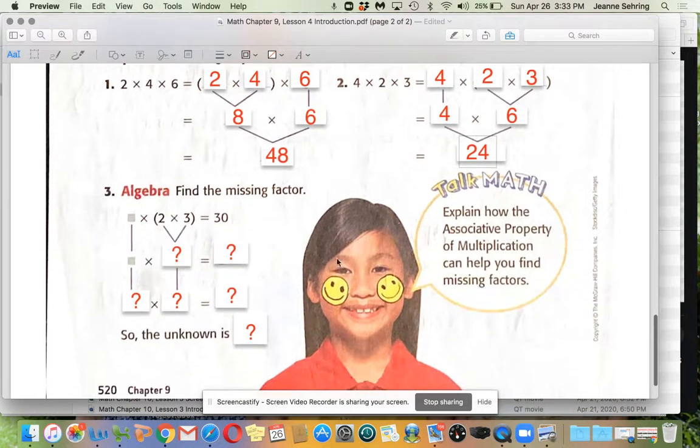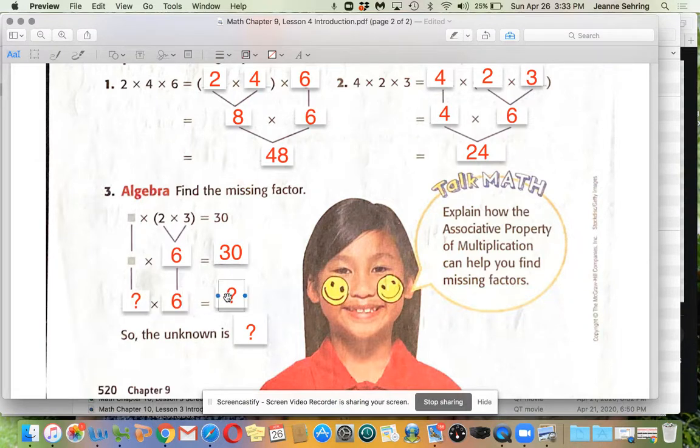All right, number 3. This time they want us to figure out what one of the factors is. We know the answer is 30. 2 times 3 is 6. We know the answer is 30, so we drop down the answer is 30. We need to find out the unknown right here. So 6 times what equals 30?